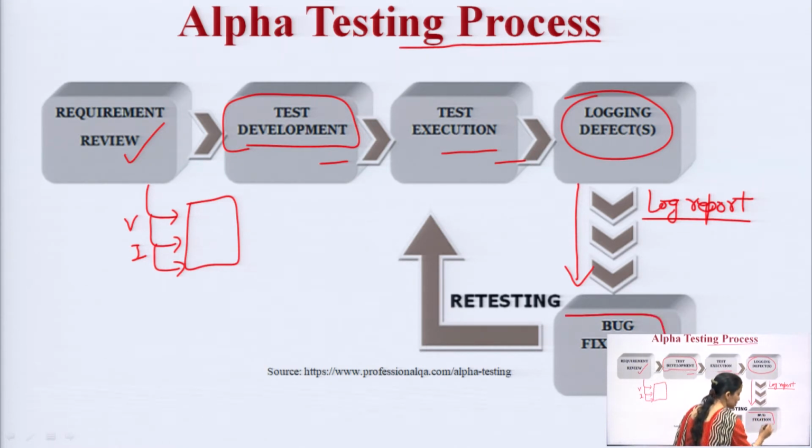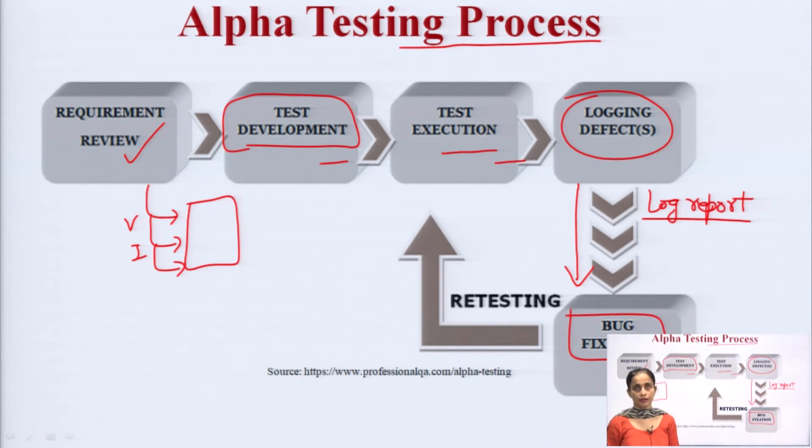Our first target was to find the bugs, now the next target is to fix those bugs, so that the product can be handed successfully to the customer without bugs. Those bugs are fixed by the development team, then retesting of the software occurs.